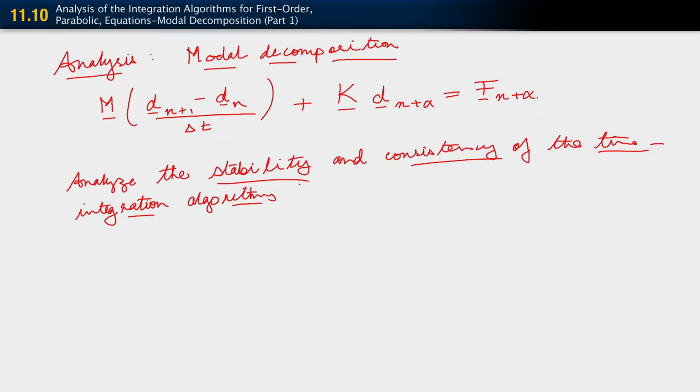But in order to do this, and especially if one thinks of the notion of stability, it makes sense to set the forcing equal to 0. Think about why this may be. Why may it make sense to set the forcing equal to 0 if we want to start out by looking at stability? It's simply because how a solution evolves in time can depend upon the forcing.